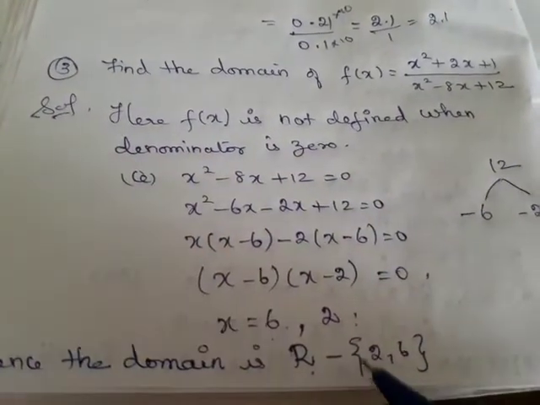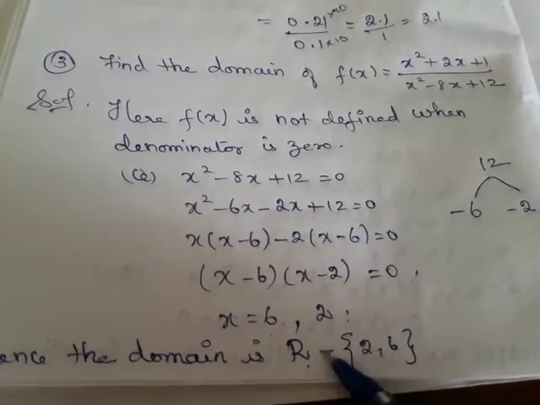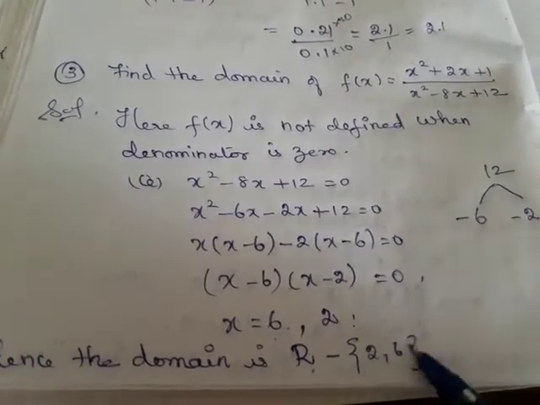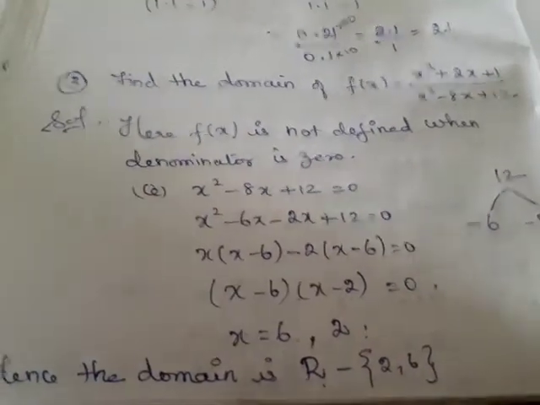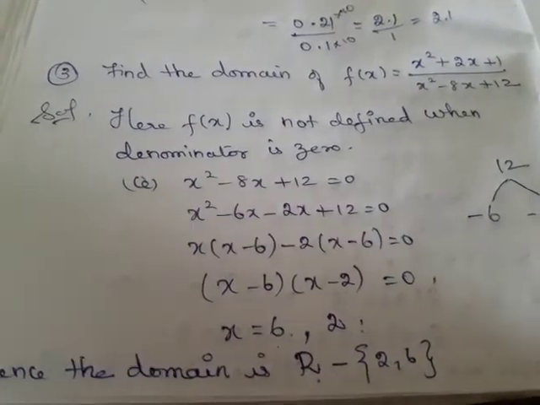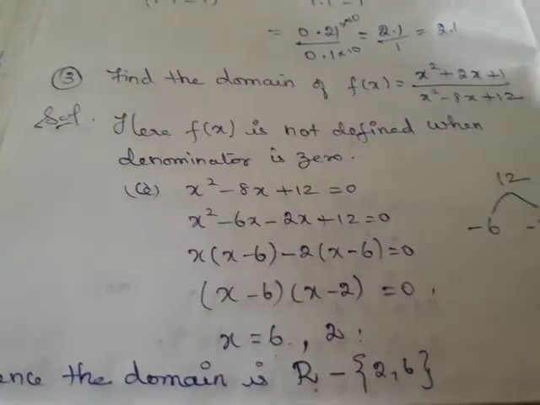So how will you write the domain? The real number system minus 2, 6. If we omit 2 and 6 from the real number system, the function is defined everywhere else. So this is the domain: R minus the set {2, 6}.